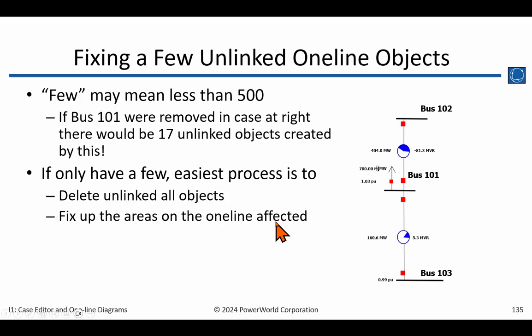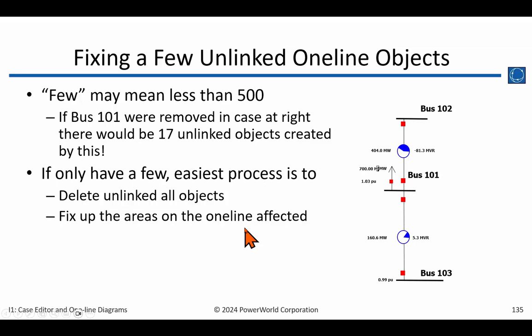Of course, as we discussed earlier, there are lots of ways you can do that. You can use the bus palette or the substation palette. If there are geographic coordinates and your one-line diagram is laid out geographically, you can auto-insert by latitude and longitude. And you can also just go to the draw menu and start adding objects. If there are just a few changes, that's probably the way to go.